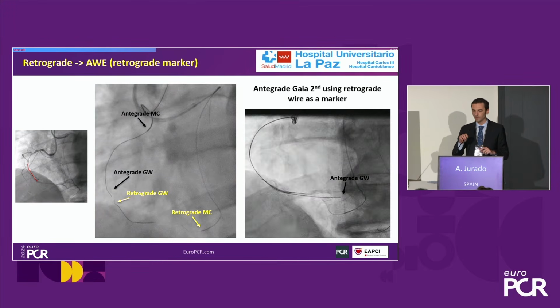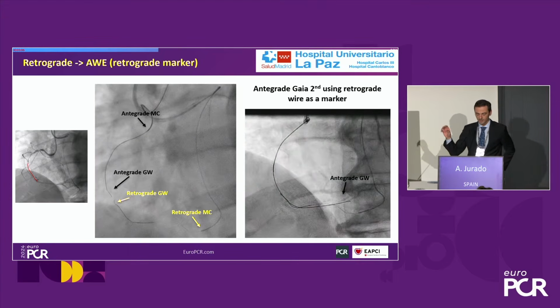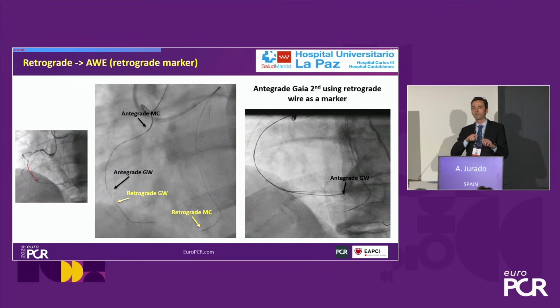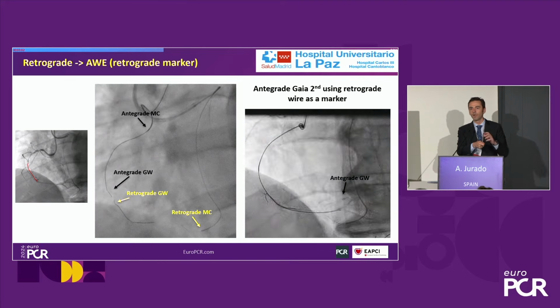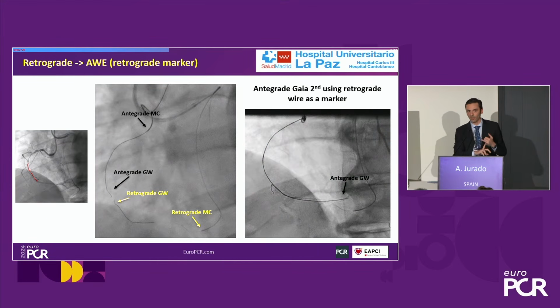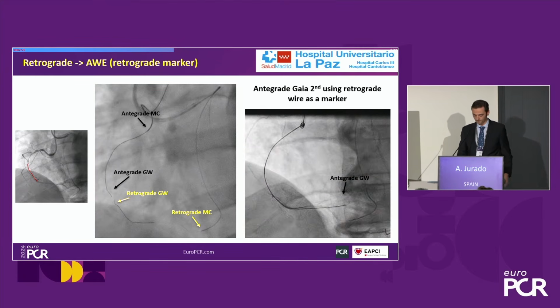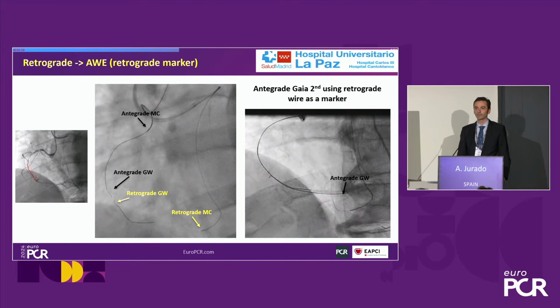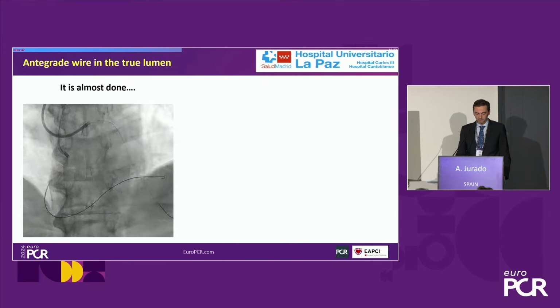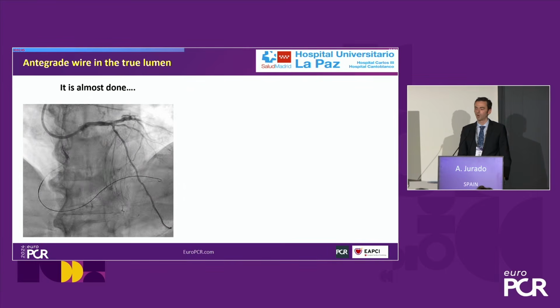And we succeeded. If you see the still image, every time we push with the antegrade wire, all the antegrade material goes back, the microcatheter and also the guiding. So we had a lot of friction there. But crossing to the true lumen with the antegrade wire made us think that it was almost done.